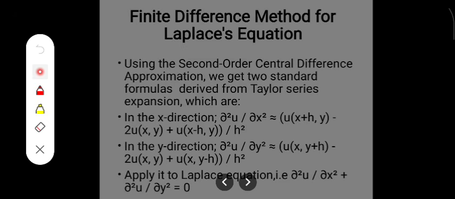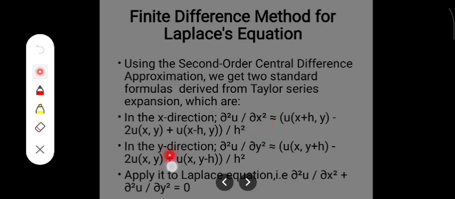Now, derivation of the finite difference method for the Laplace equation. Using the second order central difference approximation, we get 2 standard formulas derived from the Taylor series expansion, in the x direction and in the y direction. For the x direction, it is represented as del square u over del x square, approximately equal to the function u at x plus h, comma y, minus 2 multiplied by function u at x, y, plus function u at x minus h, comma y, all divided by h square.